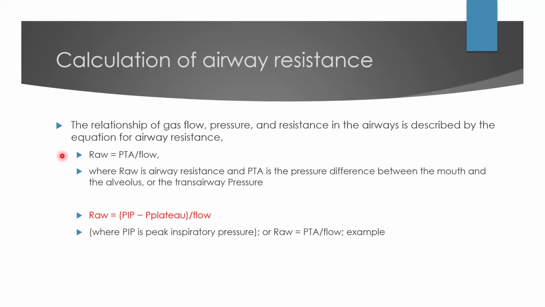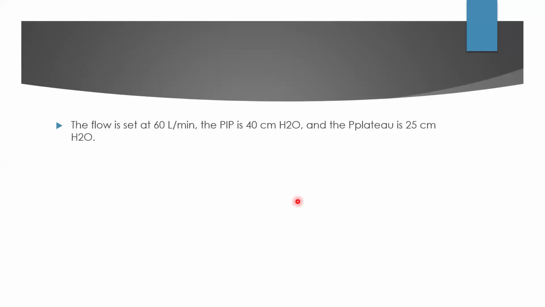For a positive pressure breath at the end of inspiration, the pressure inside the alveoli is the plateau pressure, and the pressure at the airway opening is the peak inspiratory pressure. So the trans airway pressure will be the peak inspiratory pressure minus the plateau pressure, divided by the flow of the gas. That will give the resistance. We usually need not calculate this; it will all be displayed in the ventilator.